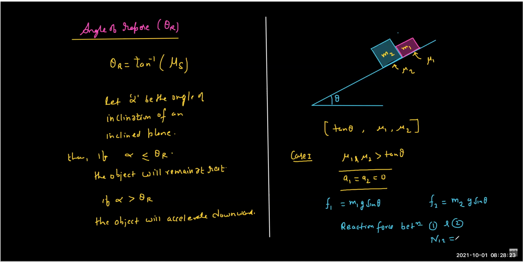So if the individual block is balanced by its own friction, then if the weight component of each block is balanced by its own friction, why will they press each other? Tell me. Why will N12 come into the picture?